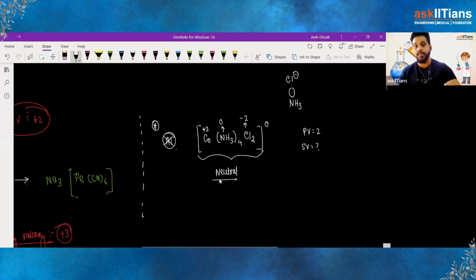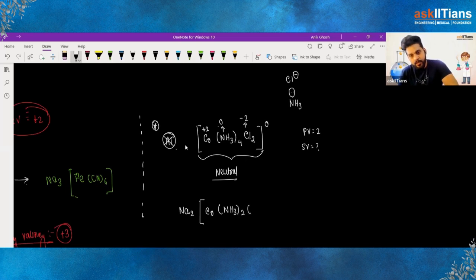Let's try one more question like that. Let's say we have a compound which goes like this. Na2[Co(NH3)4(H2O)2]Cl2.